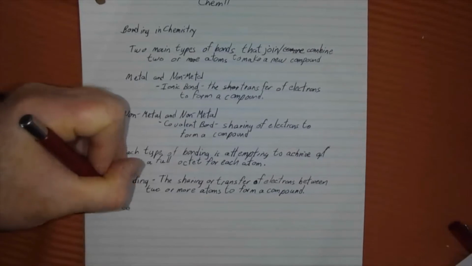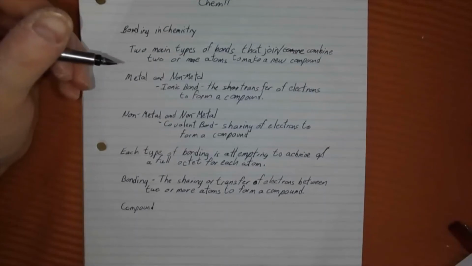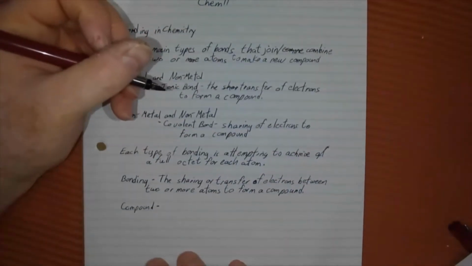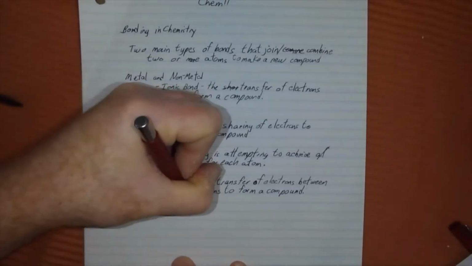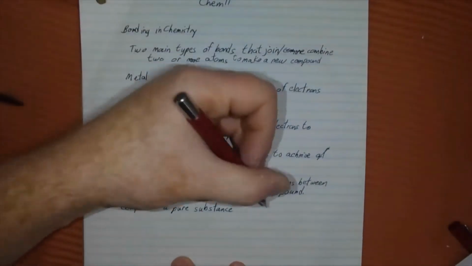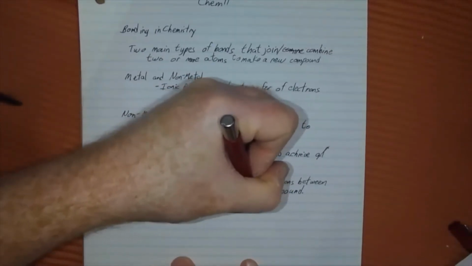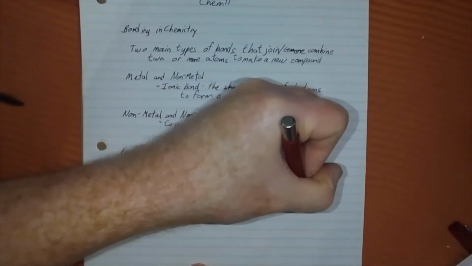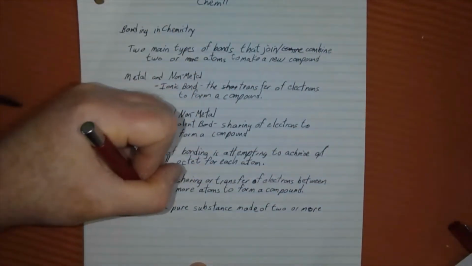And a compound. I'm going to use this term a lot, so we should have a proper definition written down. I don't think I've done that previously. A compound is a pure substance made of two or more types of atoms.